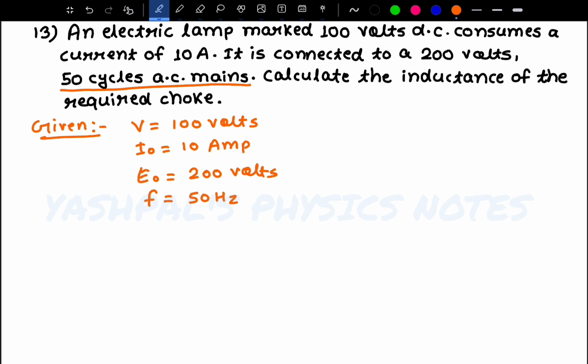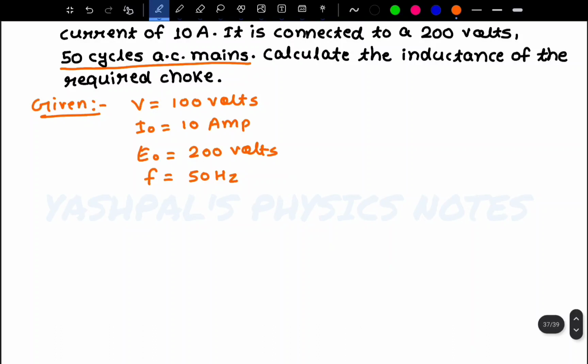Now after writing the given data, we are going to find the value of angular frequency omega. Angular frequency is nothing but 2 pi f. Whenever only the frequency is given, also try to find the value of omega, because that's what we always have in our formulas.